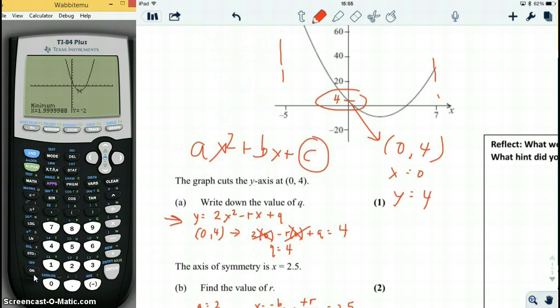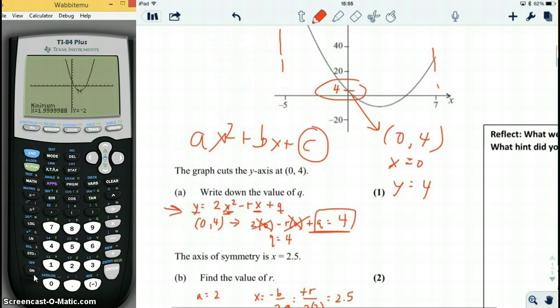So we just put these two numbers into the quadratic equation. We substitute x equals 0, and y equals 4. That basically gives us 0 minus 0 plus q equals 4, which in the end is just q equals 4. So either way we found out that q is equal to 4.